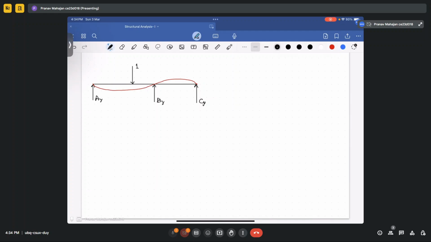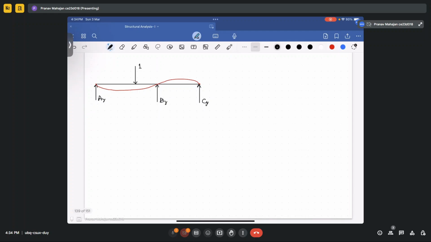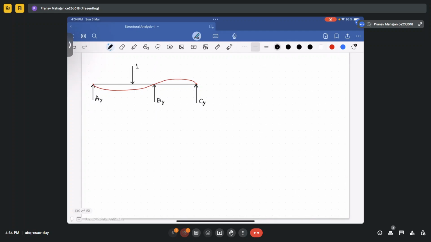And if you make another profile also, now if you apply a certain displacement at point A. So let me draw it first.